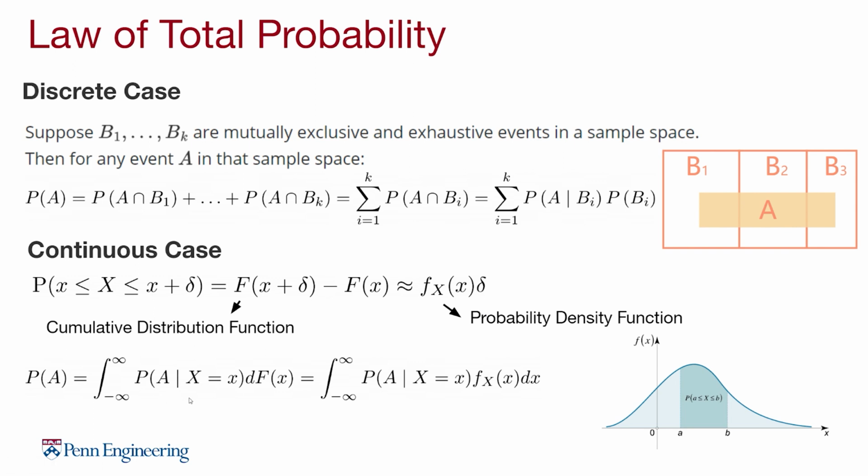So using this differential element, we can get the integration form of the law of total probability for the continuous random variable. Here, instead of the summation, which is the discrete case, we will have the integration.